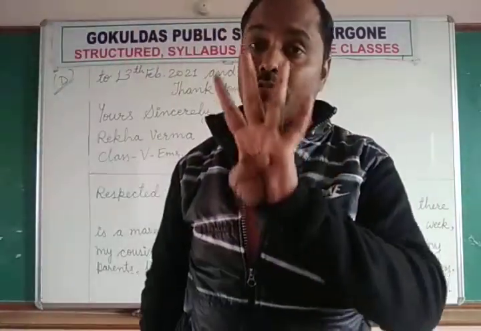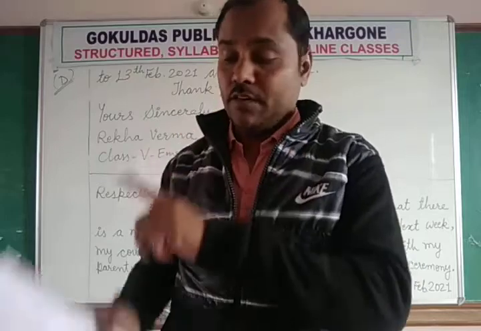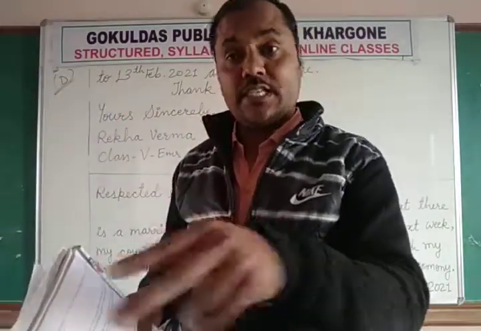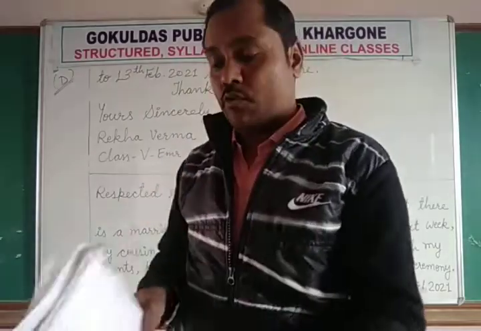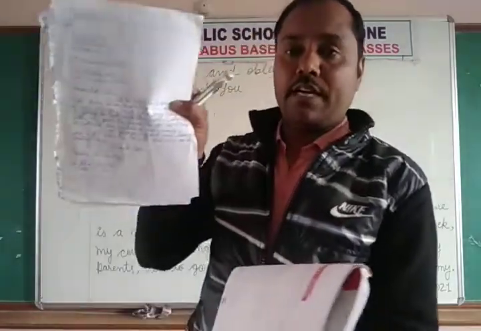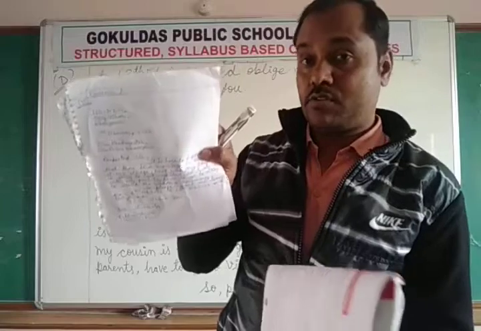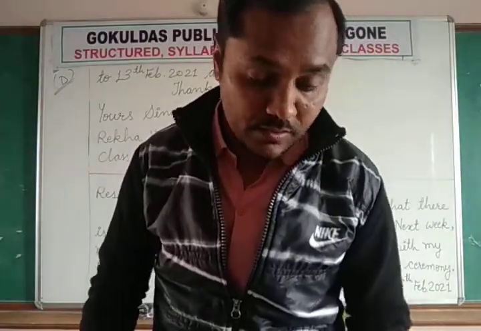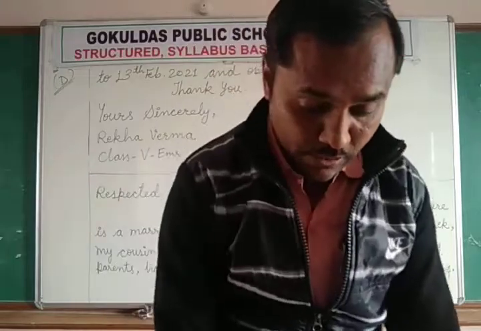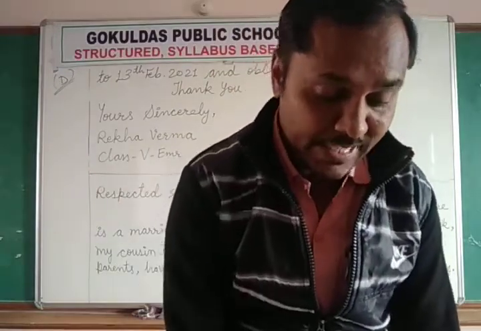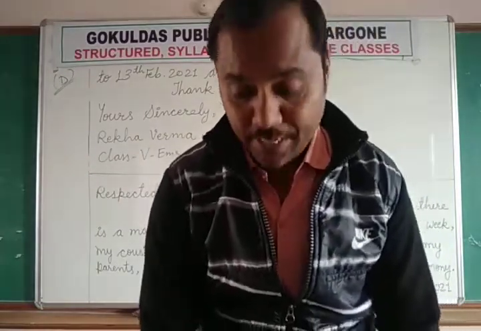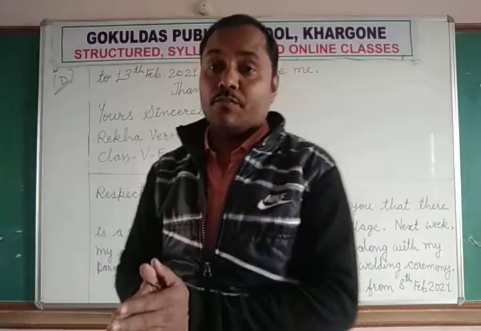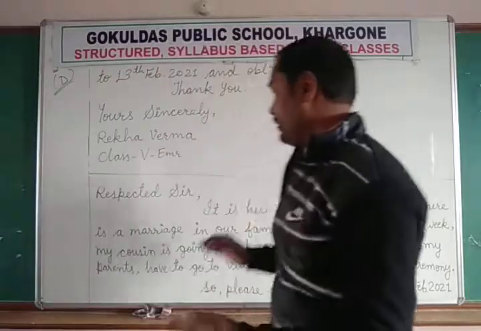Now you have total 4 letters. 2 informal letters are written here, 2 formal letters I have noted down and explained to you, and I will send you these notes so that you can note it down in your CW notebook. So this is our topic, letter writing, how to write a letter, whether it is a formal or informal letter. But don't make spelling mistakes.